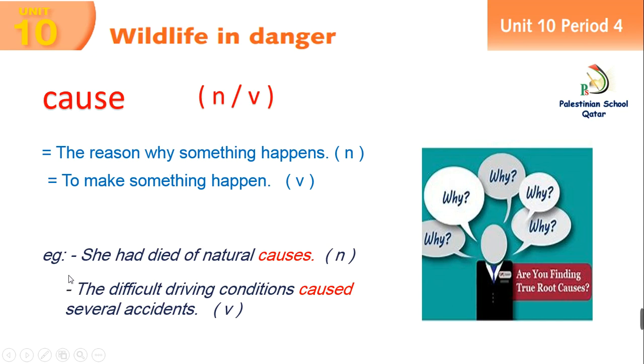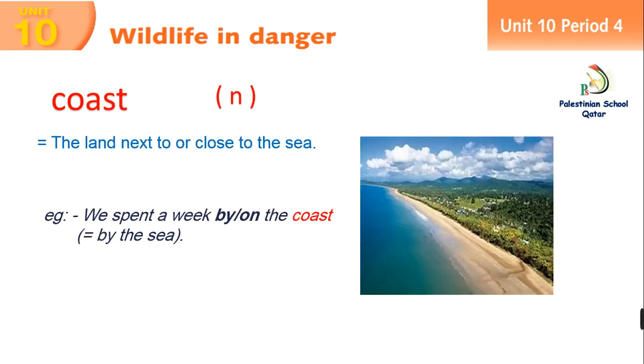For example, she had died for natural causes. Causes is a noun here, and the difficult driving conditions caused several accidents. This is a verb. The second one is coast.